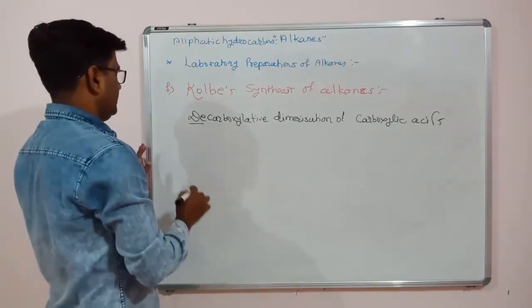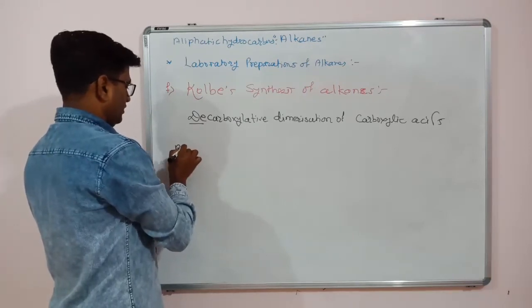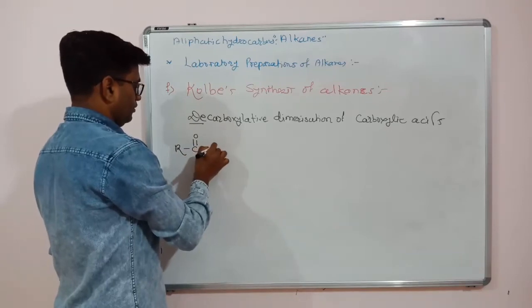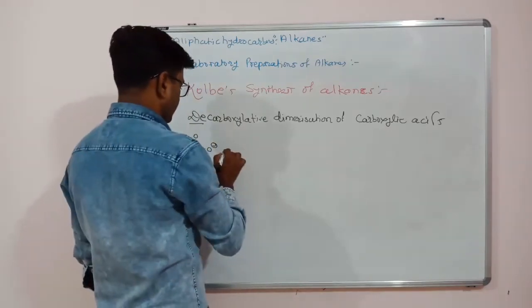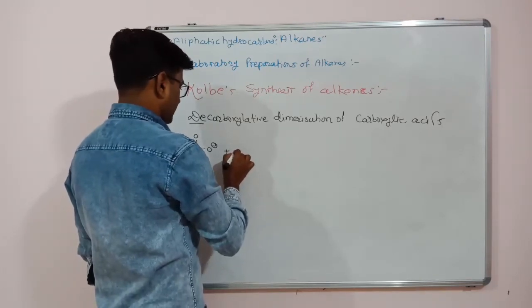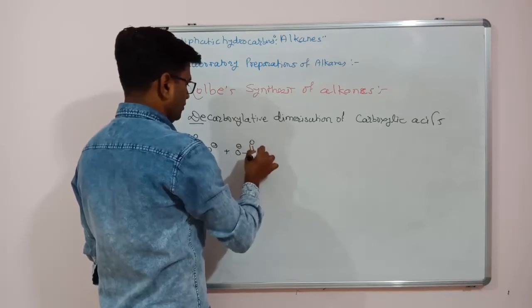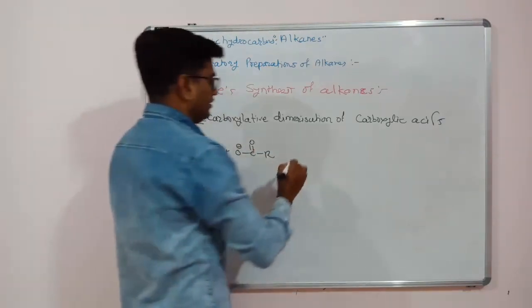For example, see here, RCOO minus. So this is the carboxylate ion. Second molecule, that is O minus, C double bond O, R. Right.